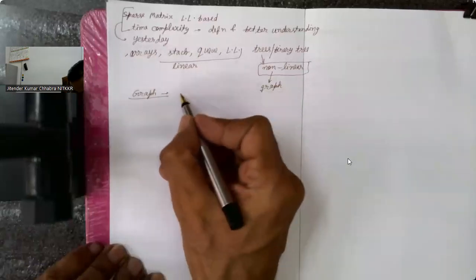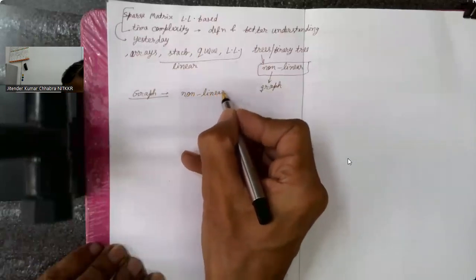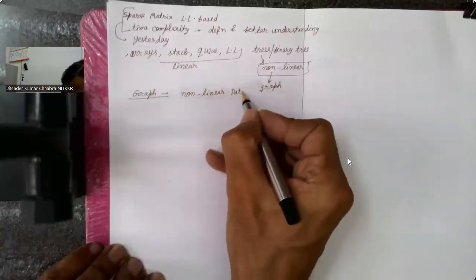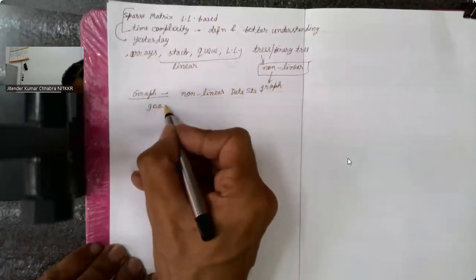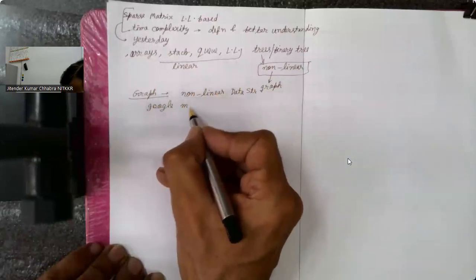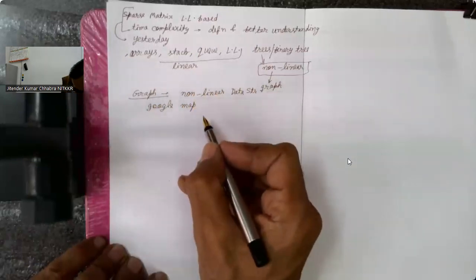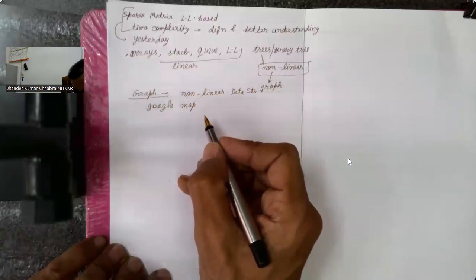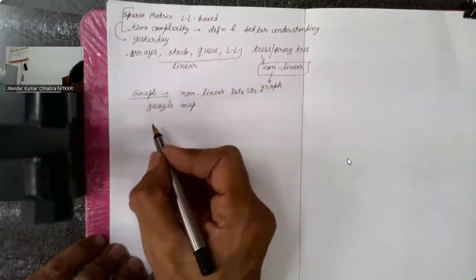Graph is another non-linear data structure like trees, and it has a lot of applications. The most famous application you are well aware of is Google Map. It helps you travel without difficulty, without knowing the maps of any area.